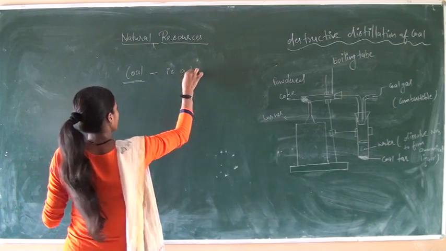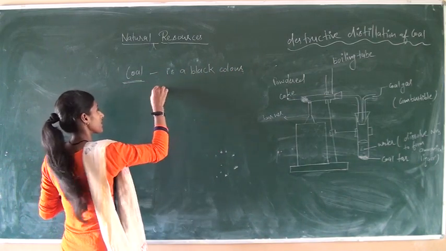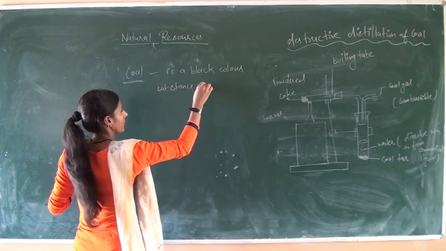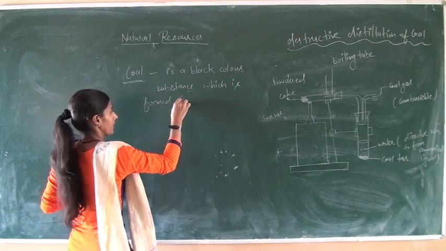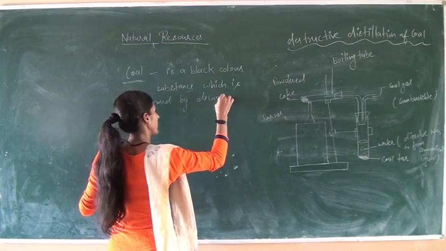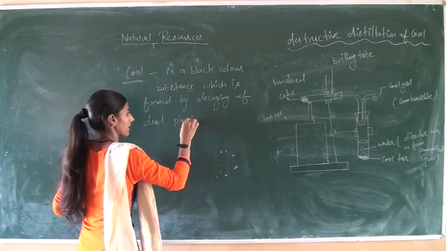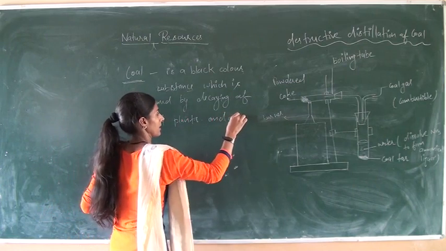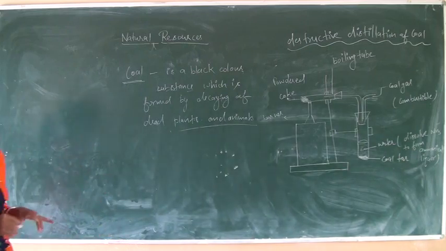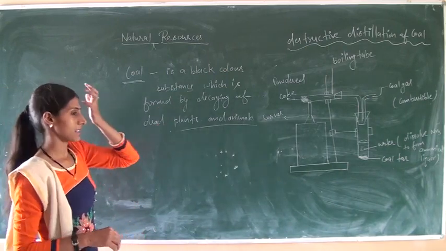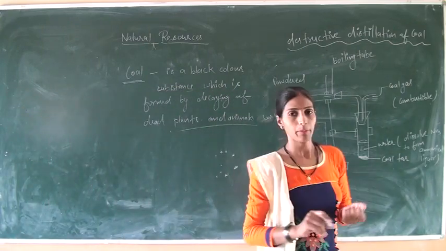Coal is a black colored substance which is formed by the decaying of dead plants and animals, that is, remains of plants buried deep under the soil.